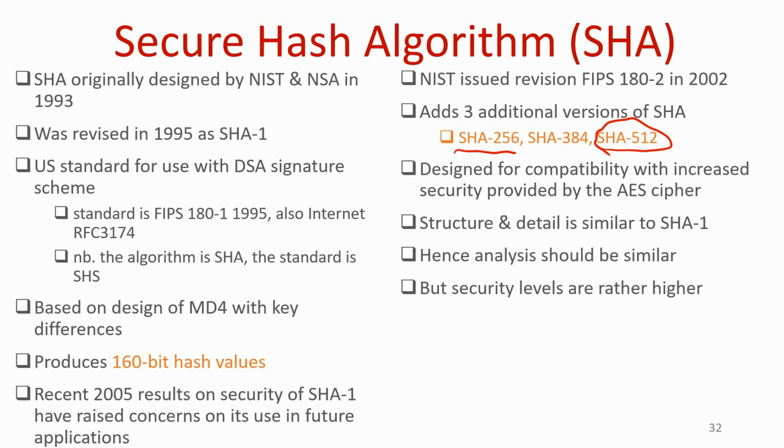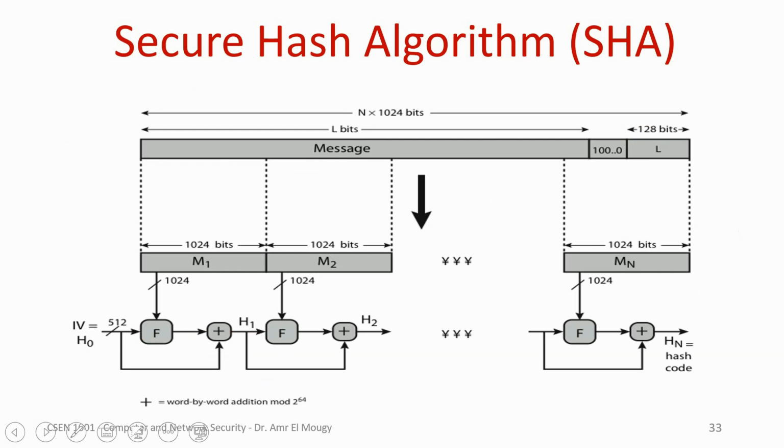There used to be something called MD4. It produced 160-bit hash values, and this is now recognized as very insecure, and you can easily find collisions in it. So what does the secure hash algorithm look like? It looks exactly like the structure that we described. There is an initial value that is fed to a hash function together with one block of the message.